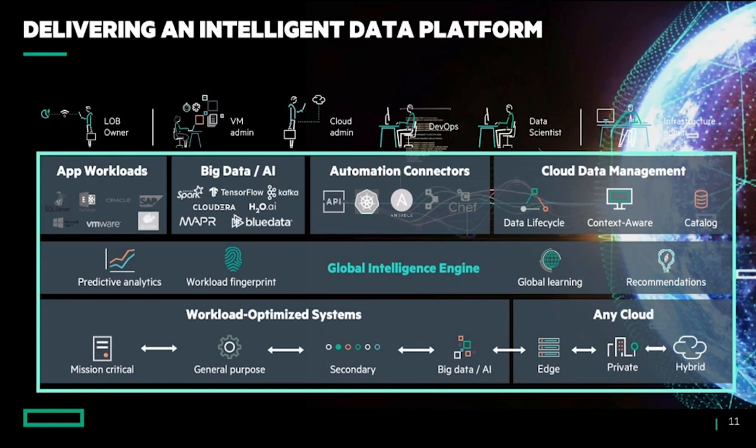For the data scientists, we shrink the time from deriving insights from months down to minutes. And for the infrastructure admins, we make the infrastructure effortless so they can focus on innovating, not administrating. With the Intelligent Data Platform from HPE, we can help you unlock data's potential and help you transform your business.